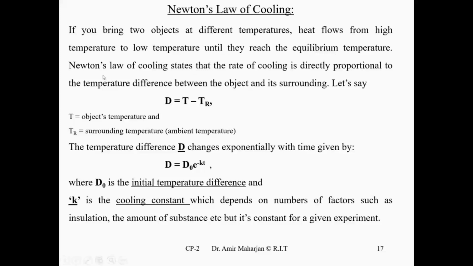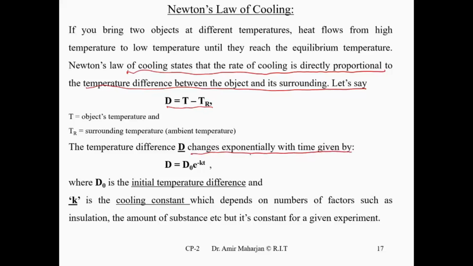Newton's law of cooling states that the rate of loss of heat, the rate of cooling, is directly proportional to the temperature difference between the object and its surroundings, and that's all. Here, let D be the temperature difference between the body and the ambient temperature, and this temperature difference changes exponentially over time.